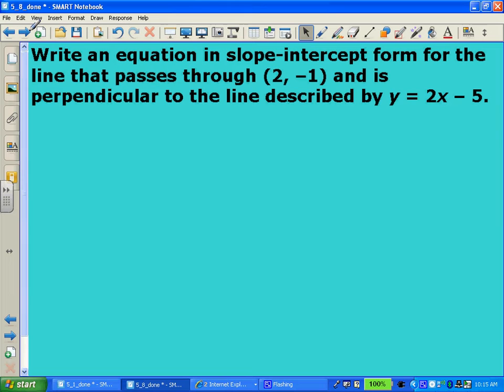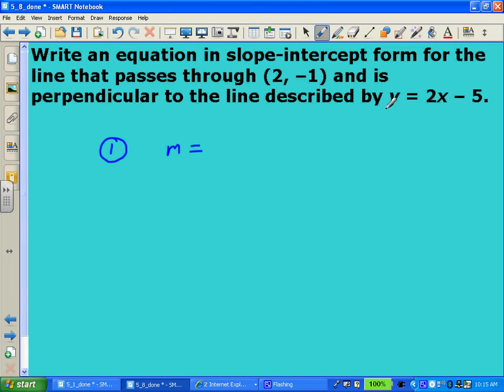Now the second type of problem you'll see looks like this. Very similar. Write an equation in slope-intercept form for the line that passes through (2, -1) and is perpendicular to the line described by y equals 2x minus 5. Remember, the first thing we have to do is figure out the slope.